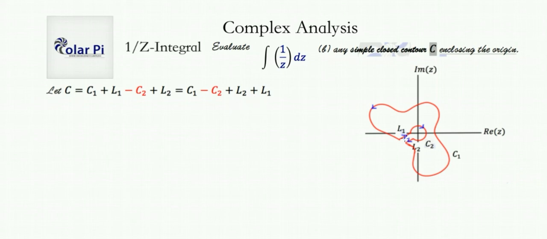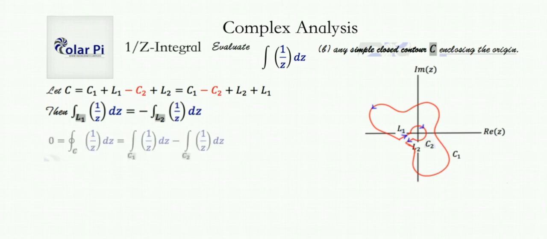And that's because, again, as the radius of this smaller circle C2 goes to 0, the crosscut gap goes to 0, meaning L1 and L2 will have the same length, but they're oppositely oriented so as to keep C positively oriented. And so the sum of the integrals over L1 and L2 is going to be 0, meaning that the integral over C, which is equal to 0, is just going to reduce to the integral over C1 minus the integral over C2.